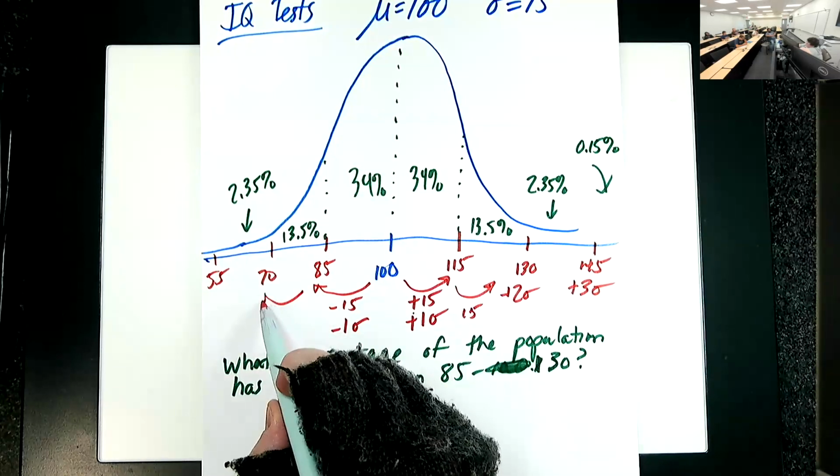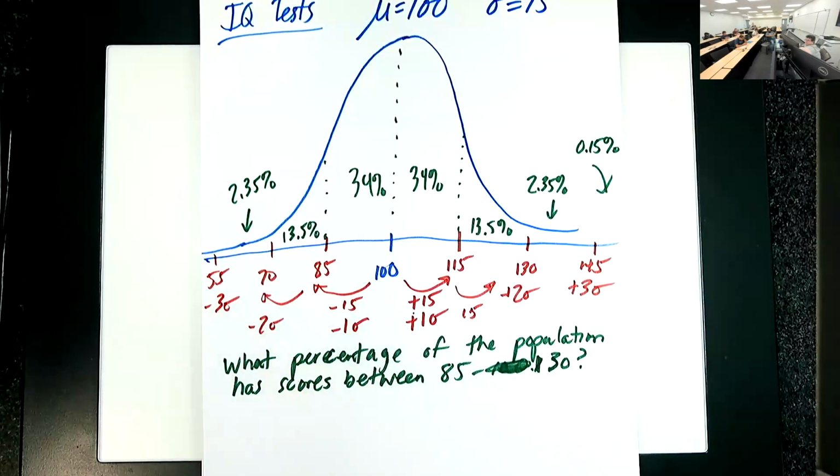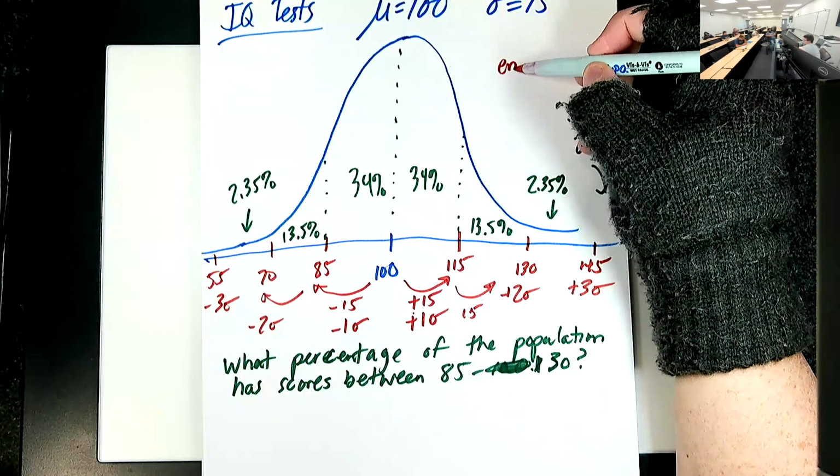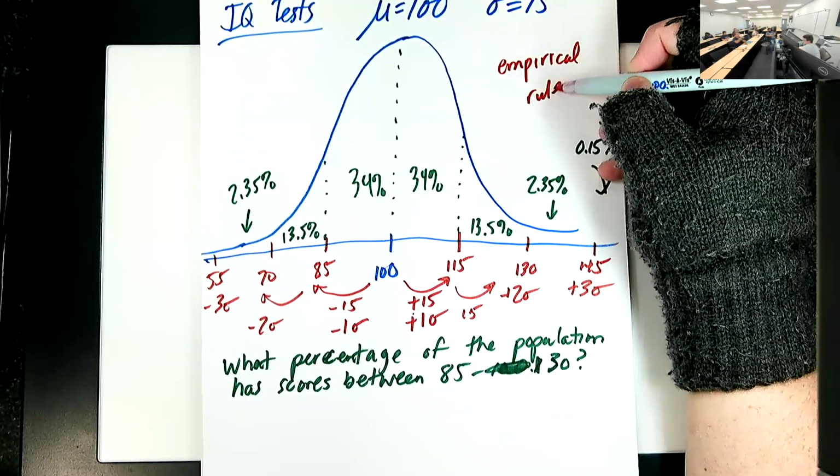Same thing going the other way. This is minus 2 deviations, minus 3 deviations. And I said it, but maybe I'll write down the name so it sticks. Empirical rule model.